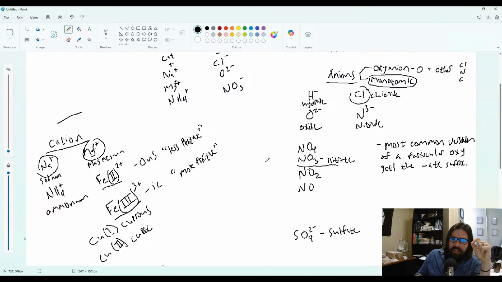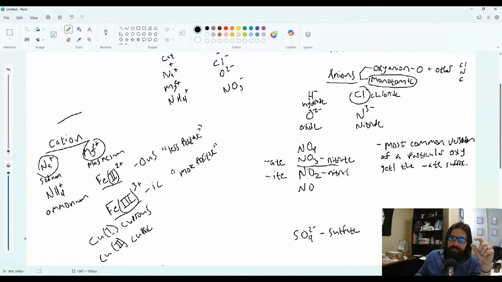Okay, so if this has the "ate" suffix, the one right beneath it, so if you have 1 less oxygen than the most common version, then we add an "ite" suffix. So NO2, right? NO3 is the most common version, so it gets the "ate" suffix. If I take away 1 oxygen from the nitrate, and then only have NO2, that turns it into nitrite.